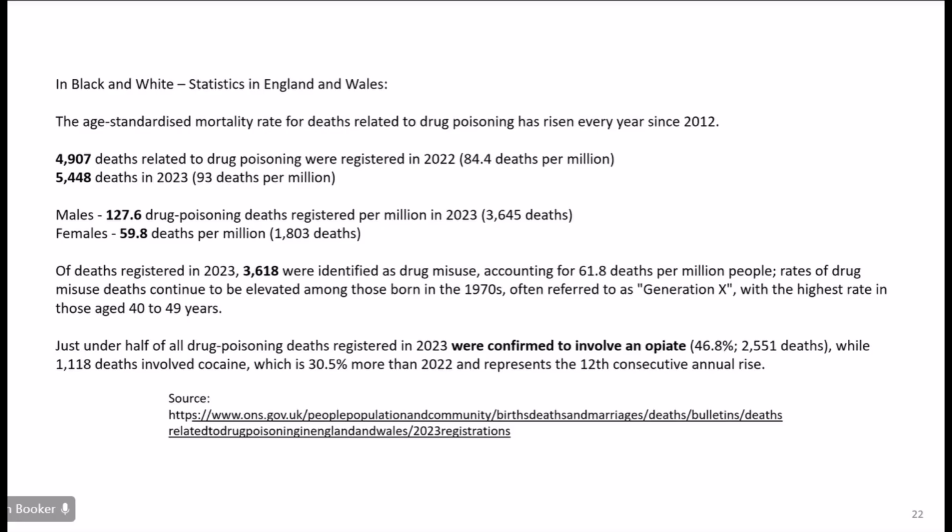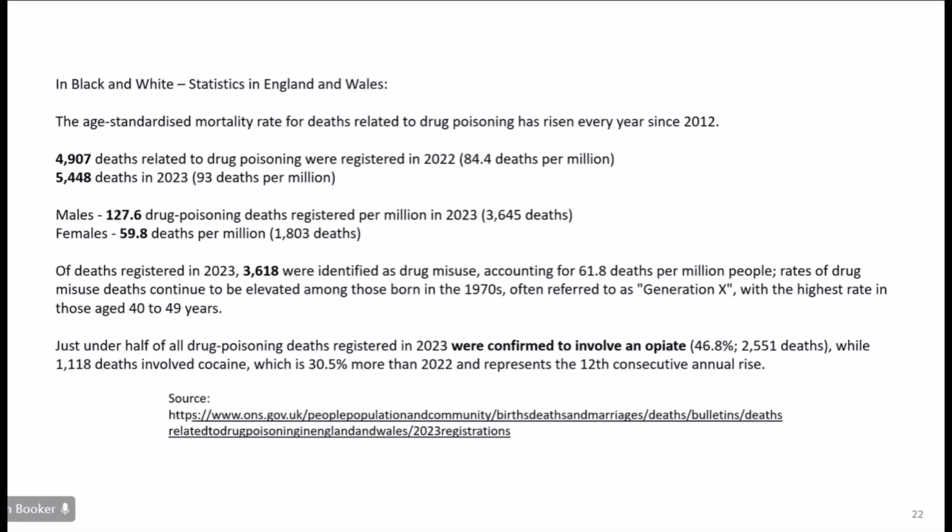Of the deaths registered in 2023, 3,618 were identified as drug misuse, accounting for 61.8 deaths per million people. Rates of drug misuse deaths continue to be elevated among those born in the 1970s, often referred to as Generation X, with the highest rate in those aged 40 to 49 years.